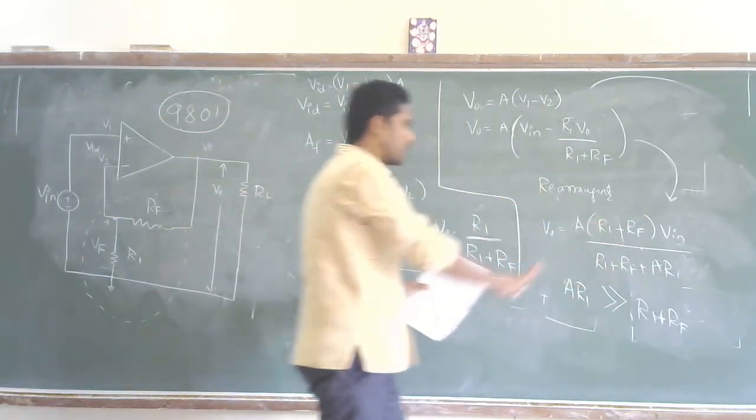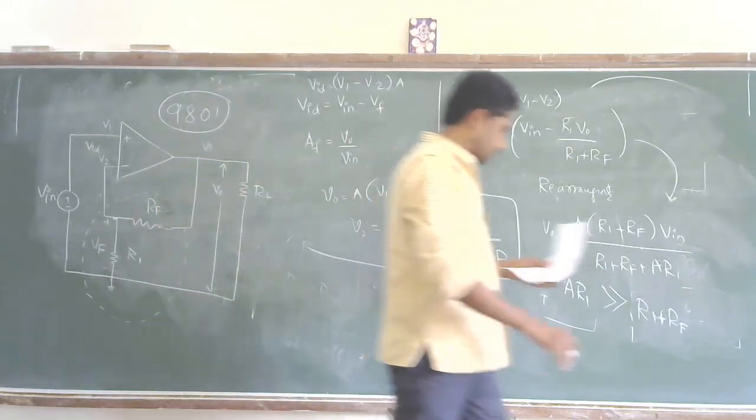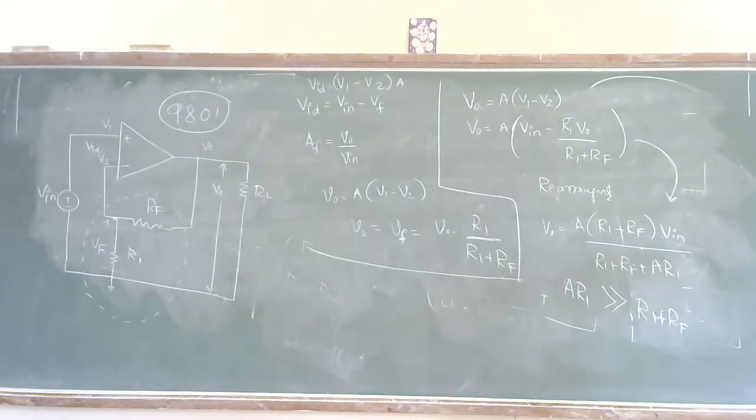So I can ignore this R1 plus RF, and write only AR1 over here, and the same is the case over here. AR1 plus ARF, if I consider both, I can just write only one term.